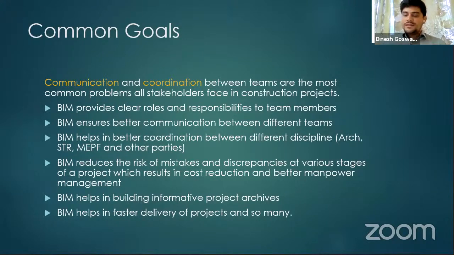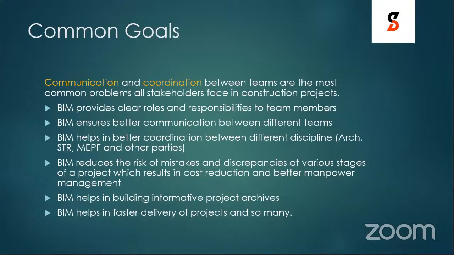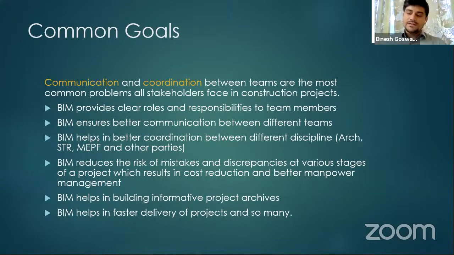Once the models have reached a certain level, a design coordination meeting will be held, where all the stakeholders will come together again and decide which elements are clashing with each other. Let's say there is a beam and a duct which are clashing. These clashes will be shown to the structure people and others, so they can identify what is causing the clashes.